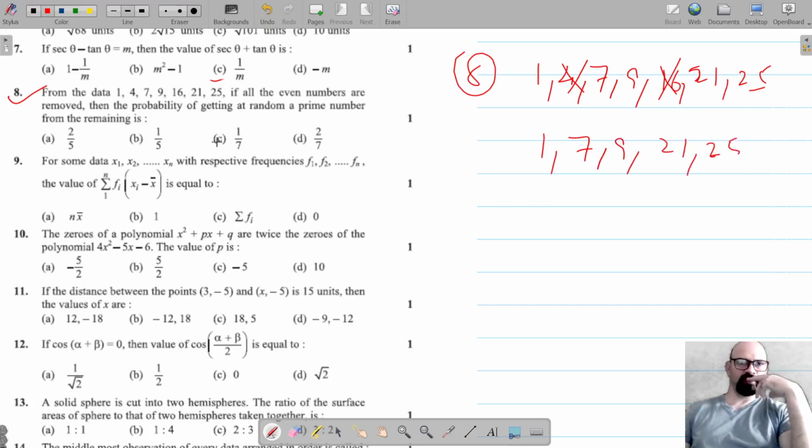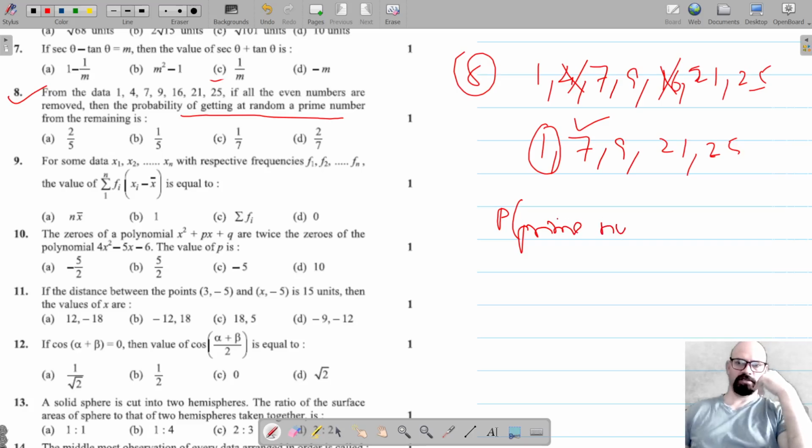We have to find the probability of a prime number. The only prime number is 7; 1 is neither prime nor composite. So the total numbers are 5, out of them 1 is prime. So the probability is 1 by 5.